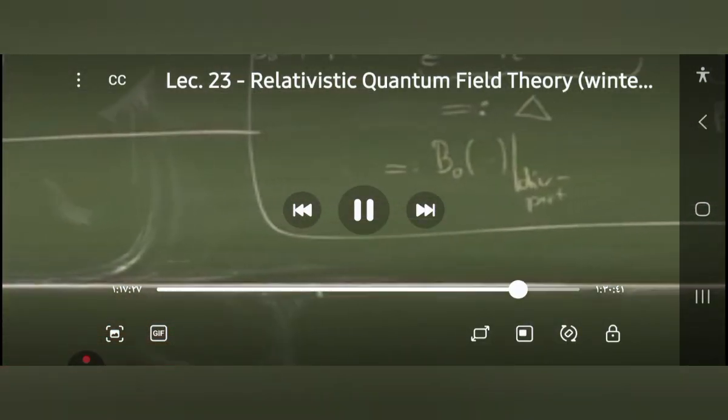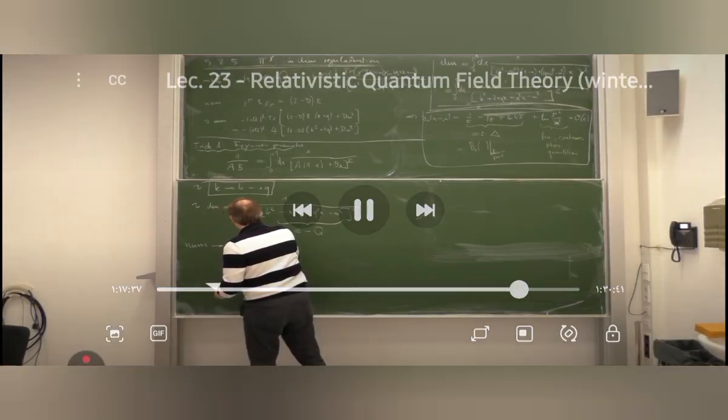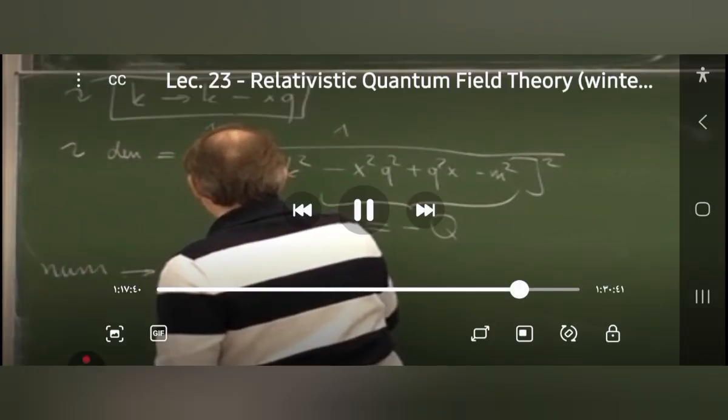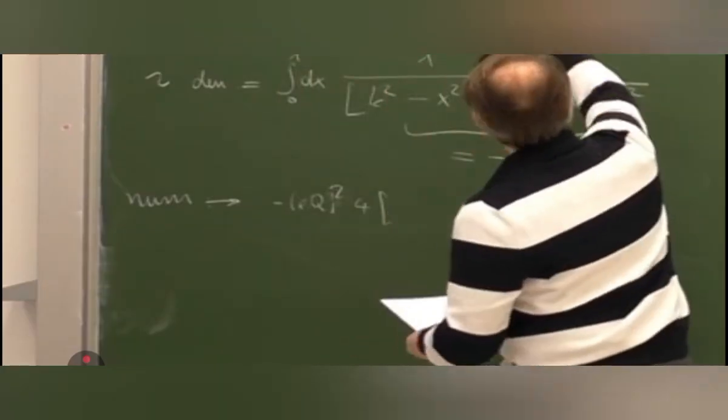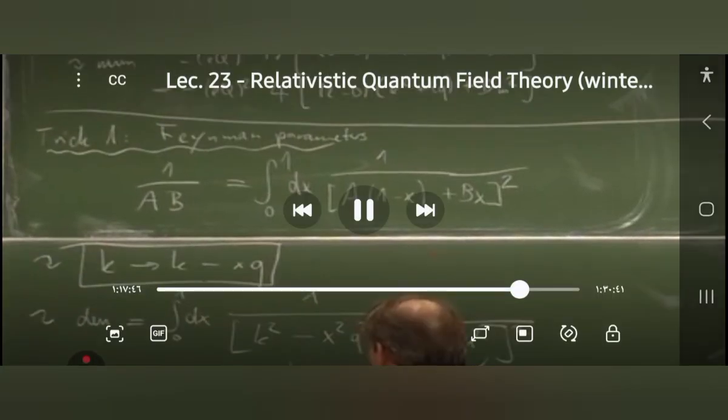Of course, the numerator must undergo the same variable substitution now. Taking it from before, it becomes minus eq square times 4 times the bracket. And what is going on in the bracket? 2 minus d times. Okay, now we have to calculate a little bit.